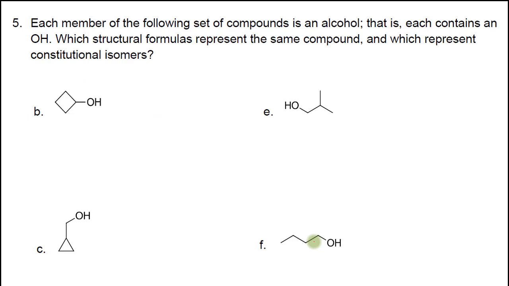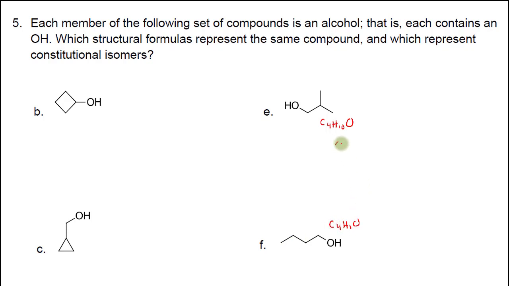In this one, we're looking to see what is structural isomers or constitutional isomers and which are the same. So this one here has, they're all different. None of these are the same. This one has C4H10O. This is C4H10O.